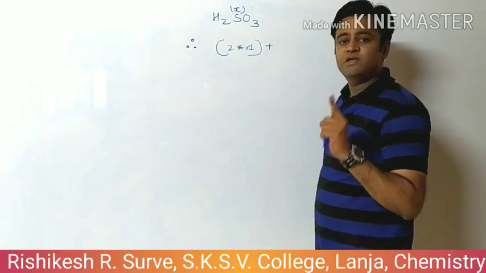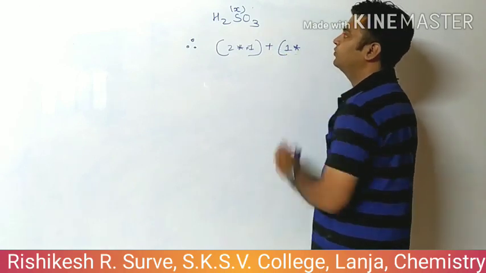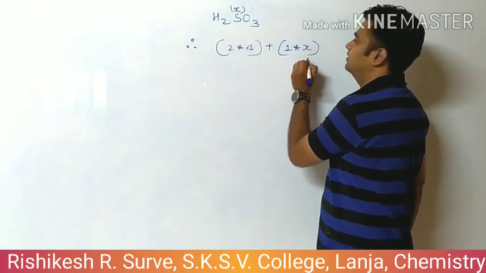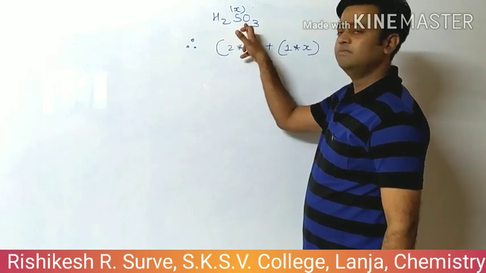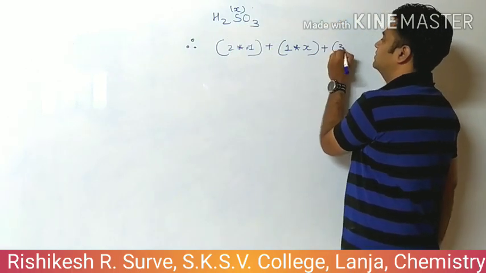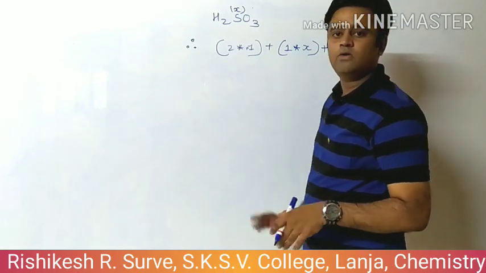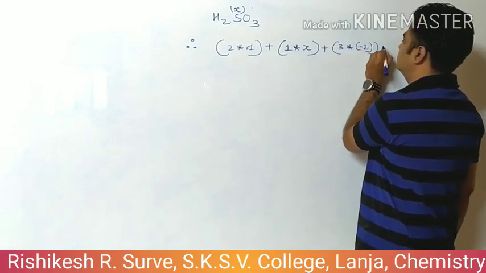Sulfur, there is only 1 sulfur, and hence 1 into X, since we have assumed it as X. Again we are changing the atom, going towards oxygen, plus, since there are 3 oxygen, 3 into, we know the common oxidation state for oxygen is -2. We will multiply it by -2.